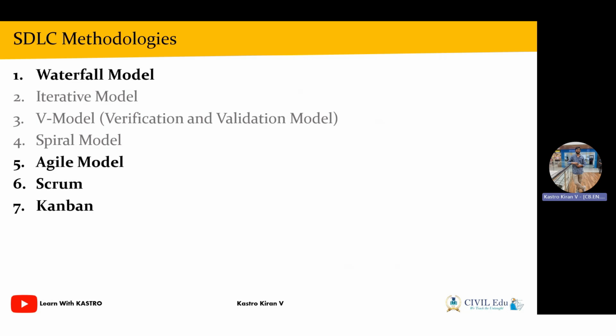So when we already have the old versions of the software development methodologies, why do we need to go for the agile model, and what advantages are available in the agile model when we compare it with the other four models? So these are the four things that we are going to discuss. In the next session, we'll be talking about each one of these models individually.